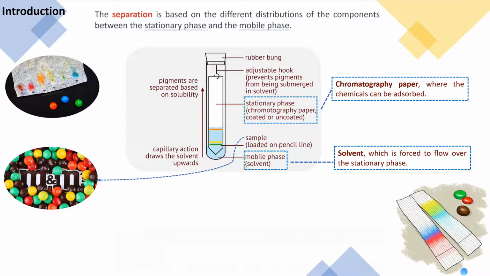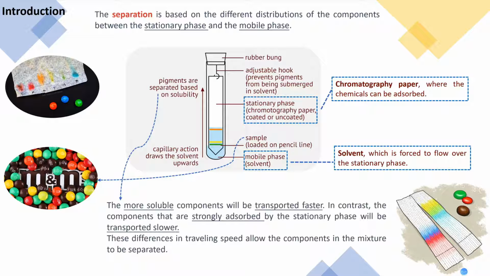In this experiment, the more soluble components will be transported faster. In contrast, the components that are strongly absorbed by the stationary phase will be transported slower. These differences in traveling speed will allow the components in the mixture to be separated.